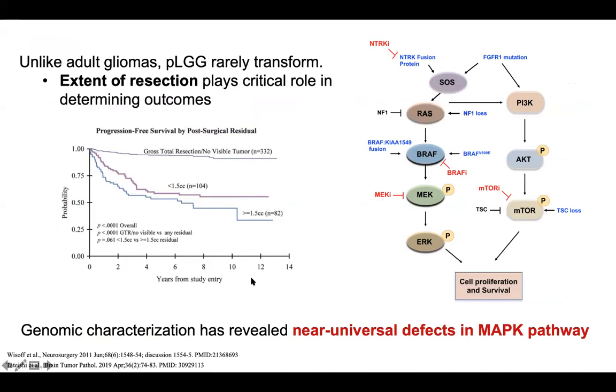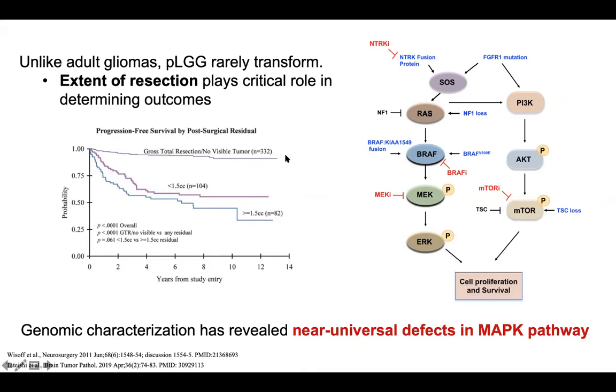Importantly, irrespective of morphology, even if many of these tumors may show similarity to adult tumor counterparts, this is really a tumor that's very amenable to resection. And in tumors for which a gross total resection is feasible, really irrespective of histology, these are going to be considered almost benign tumors. One can see the Kaplan-Meier curve is really highly dependent on resection extent.